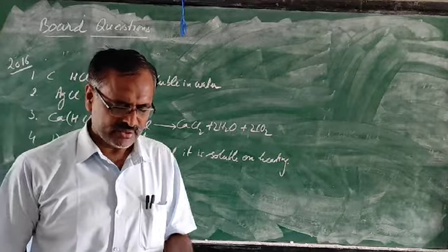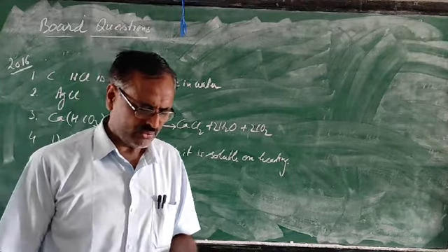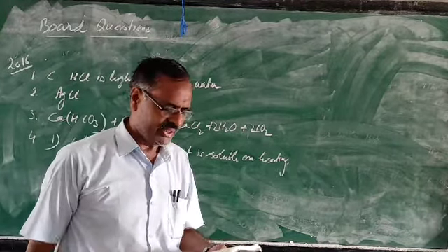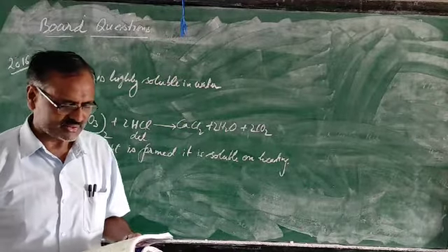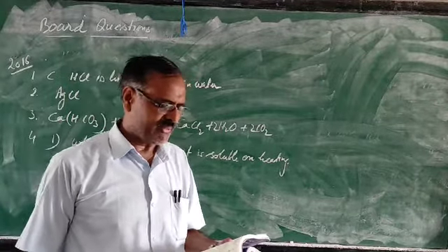Then second, with copper carbonate and dilute hydrochloric acid, it is a metallic carbonate, so it will give carbon dioxide gas. So you have to give the test for carbon dioxide gas.